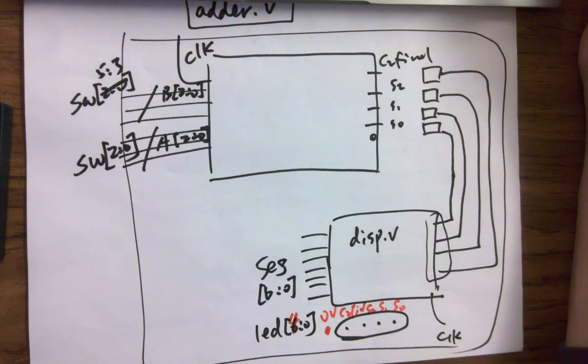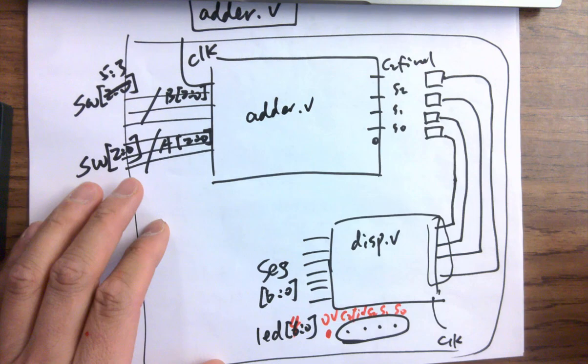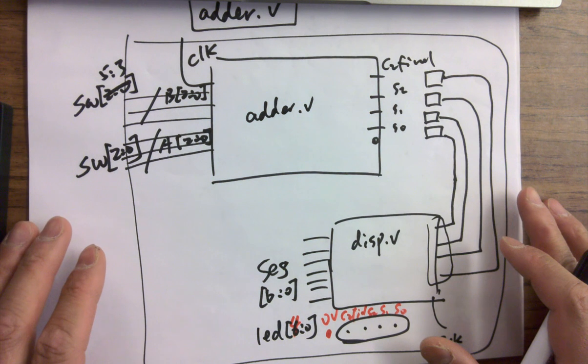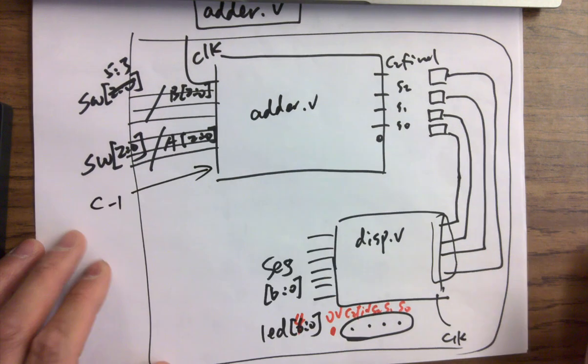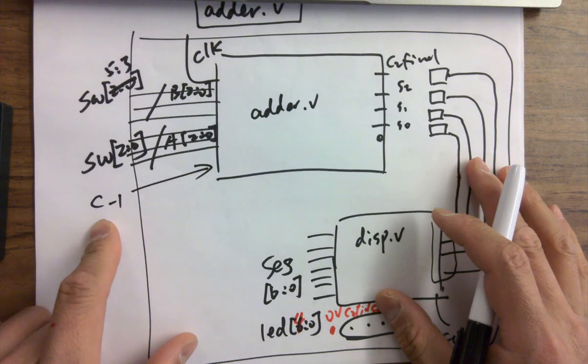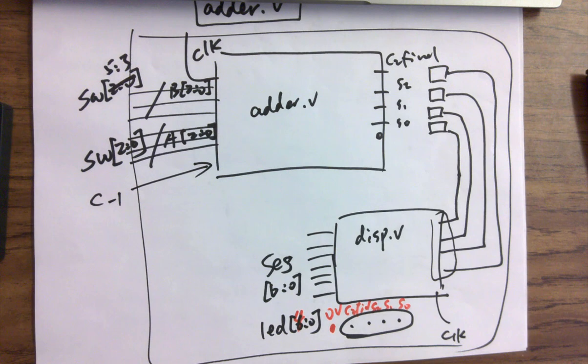What else over here? So this is the adder. CN, yes, C minus 1. Right, the carry in. So we need a carry in here. And what the carry in is doing, you turn it on, it activates the subtractor mode, right? If you turn it off, it's going to be adder mode instead of subtractor.